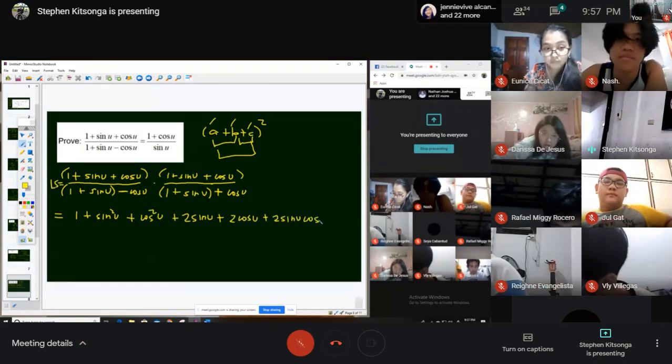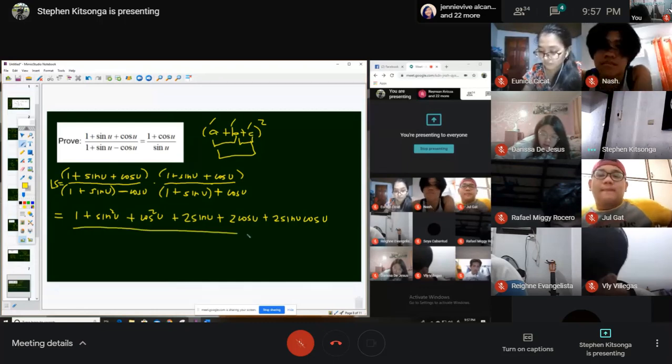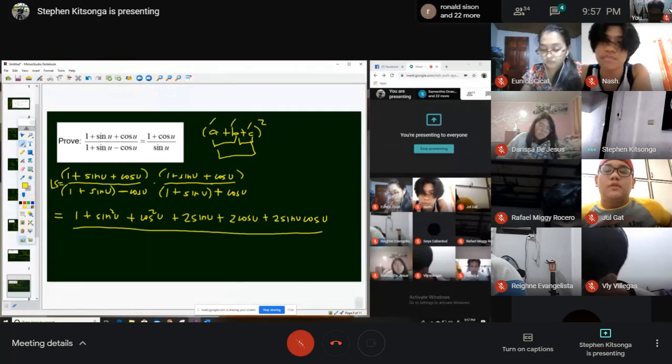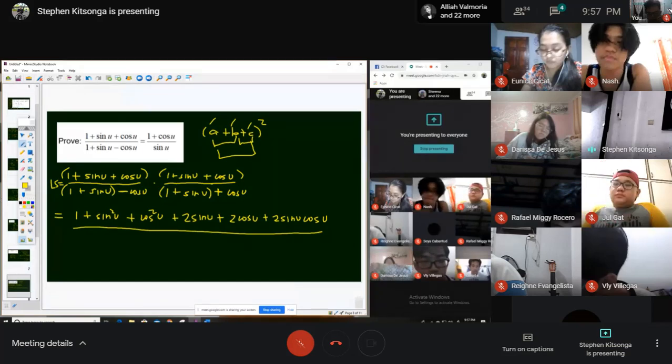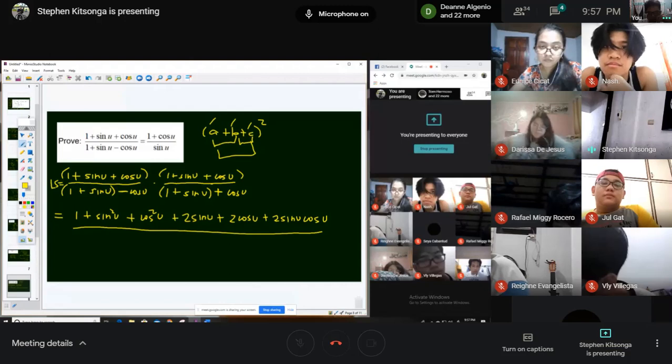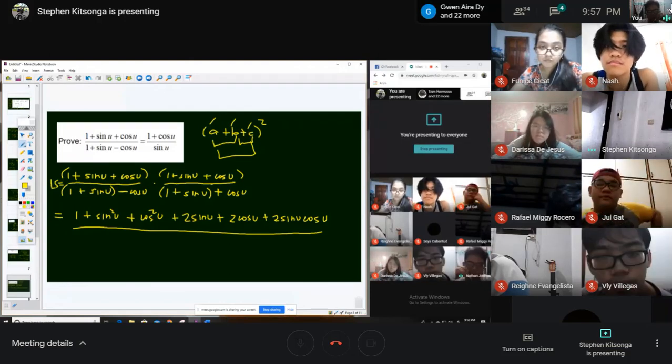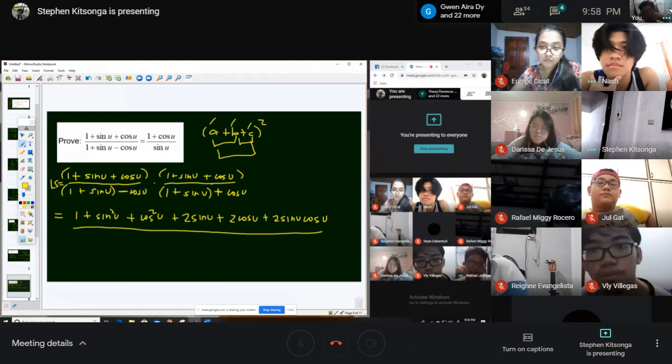So, that's the numerator. Now the denominator, guys, look at it. I wrote a quantity with minus, and then a quantity with plus. So the product is simply the difference of two squares. Can you dictate what the square minus square will be? Oh, good.